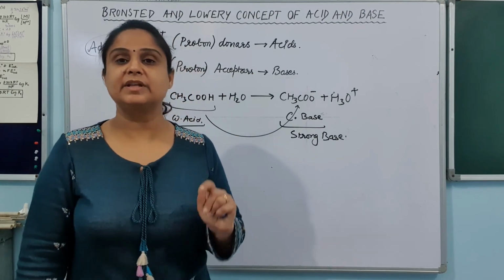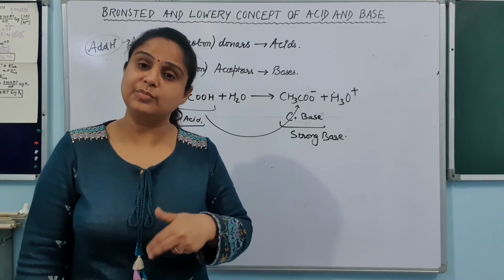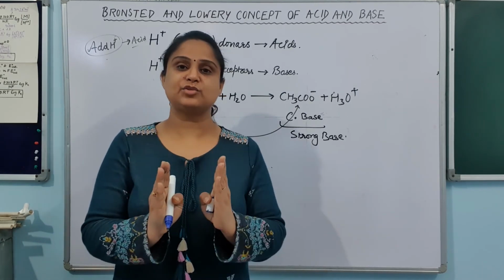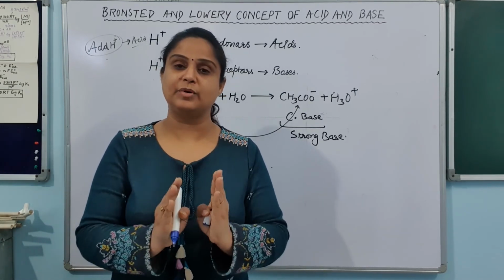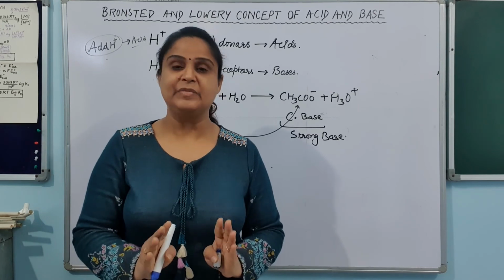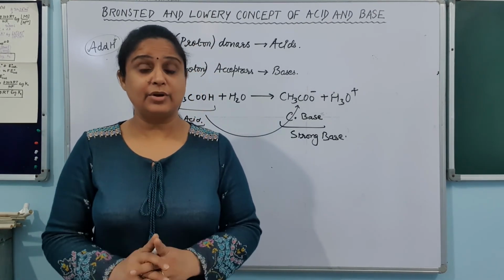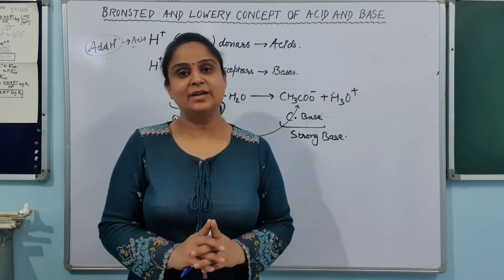Never it can happen that both of them are strong or both of them are weak. So always remember that weak and strong connect with each other to form an acid base pair. So this is all about conjugate acid and conjugate base according to Bronsted and Lowry concept.